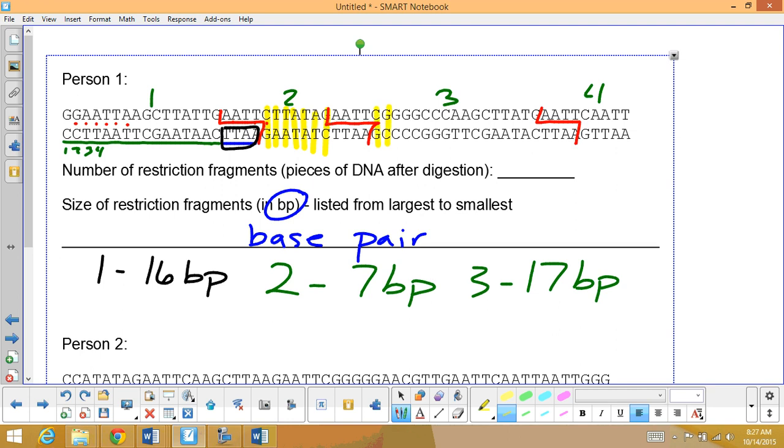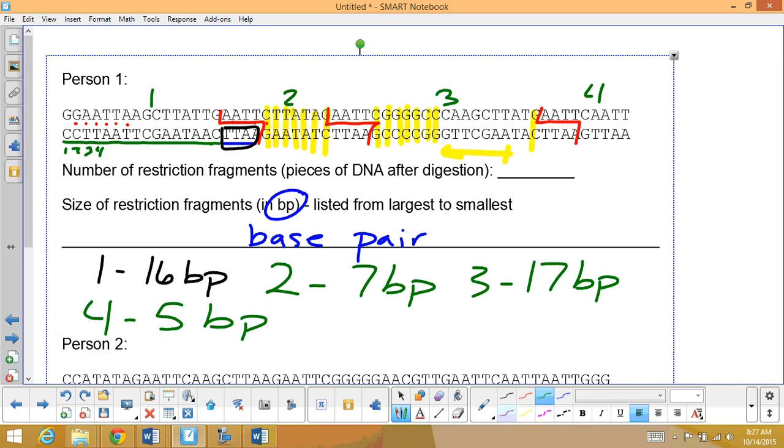We just go through and match them all the way up, and everything in between here and here counts as base pairs. So finally we get to the last one, segment 4. Brendan, what do we got? 5 base pairs. Good.